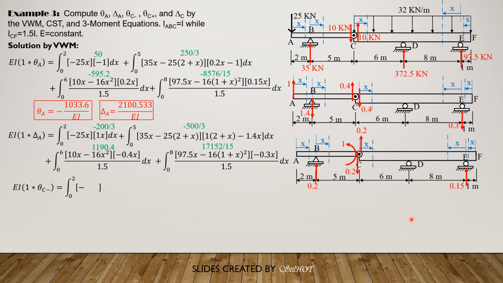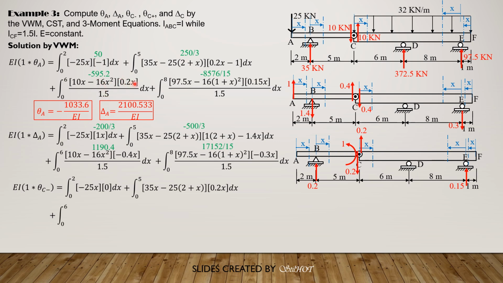So EI times 1 times theta C equals integral, copy the original moment due to real loads. Then there is no moment here because there's no load, so 0. Then plus, copy this moment equation. Then the moment at this section is 0.2x. So we replace this by 0.2x. Then for the third, we copy, divided by 1.5.